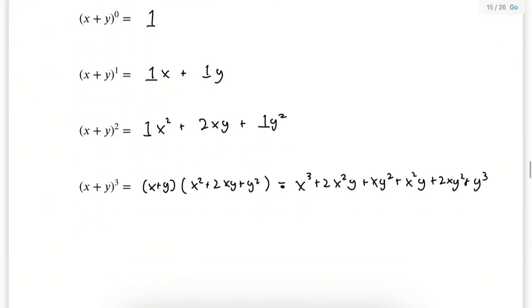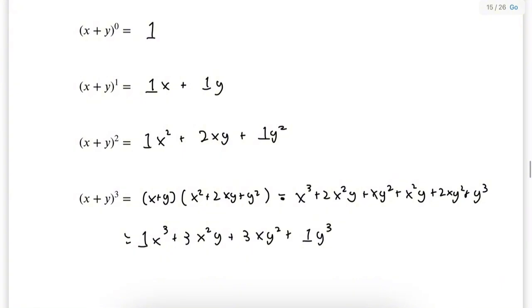Oh my goodness. What are we left with? I see 1 x cubed term. I see 3 x squared y terms. I see 3 xy squared terms. And I see 1 y cubed term.